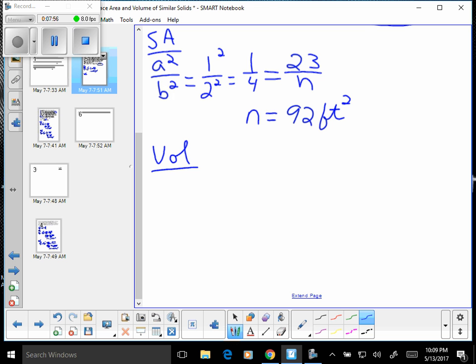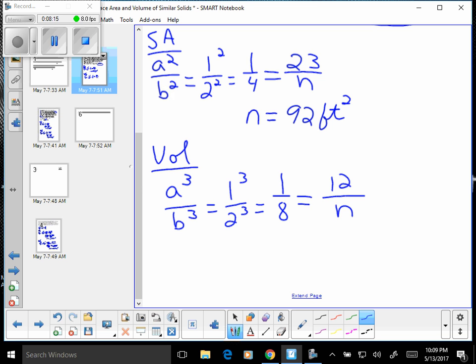Remember what I'm supposed to do this time? Yes, A cubed over B cubed. 1 cubed over 2 cubed will give me 1 over 8. My known volume is 12. I don't know the n. 1 times n is n, and 8 times 12 is 96 feet cubed.